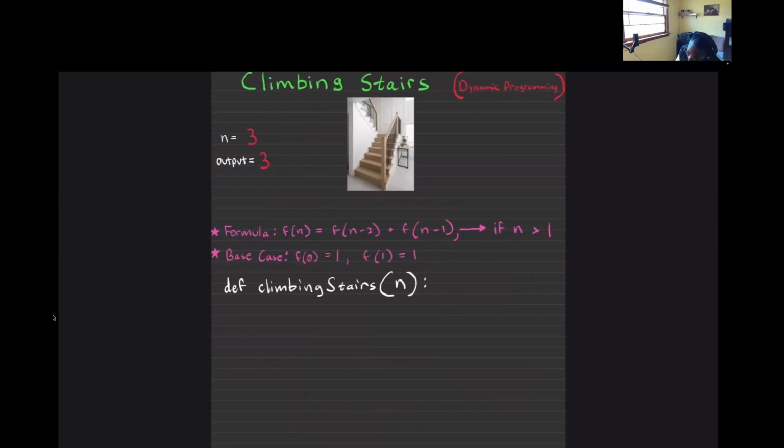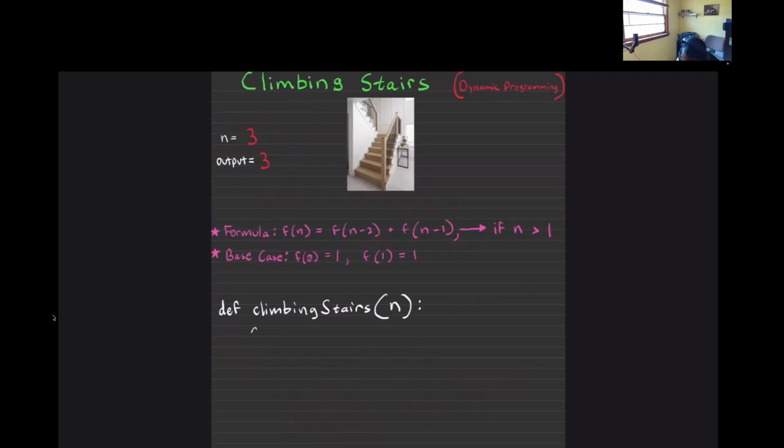I'll be using a DP array so I can do the logic where I am computing the sum from 2 steps before plus 1 step before. It'll make more sense along the way.